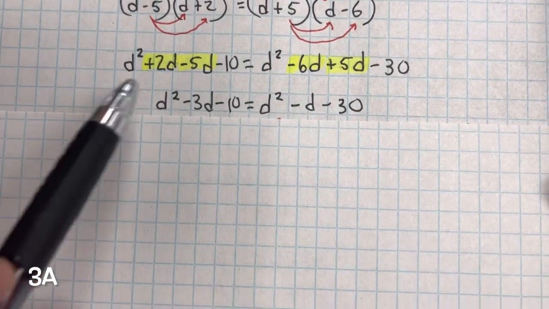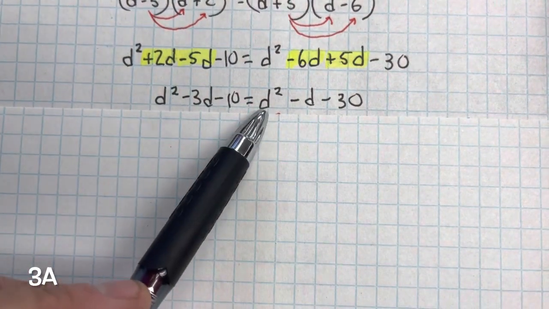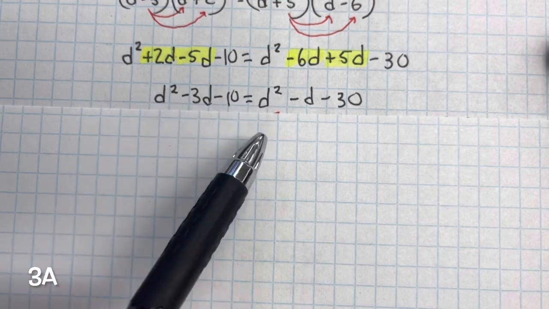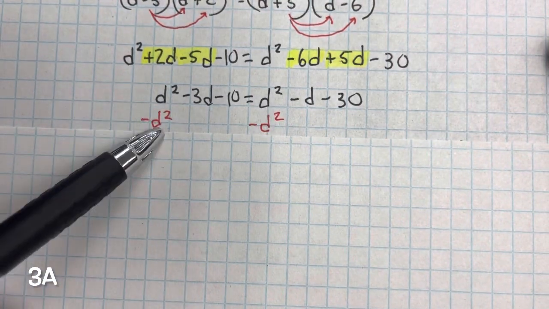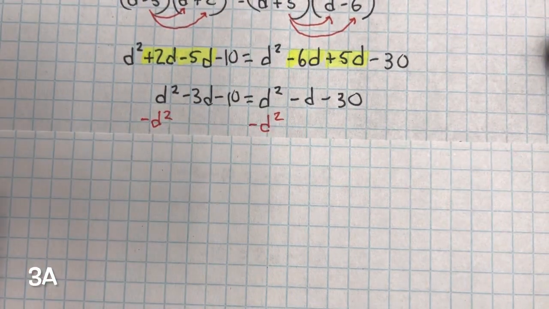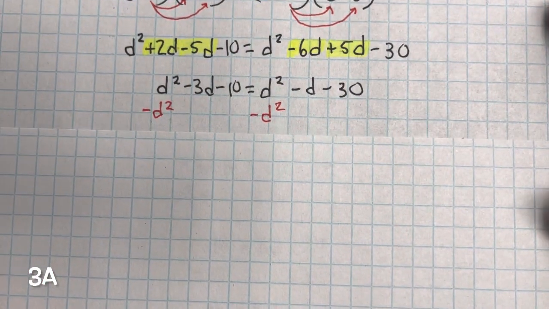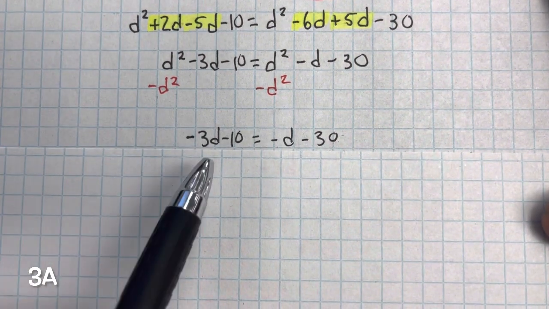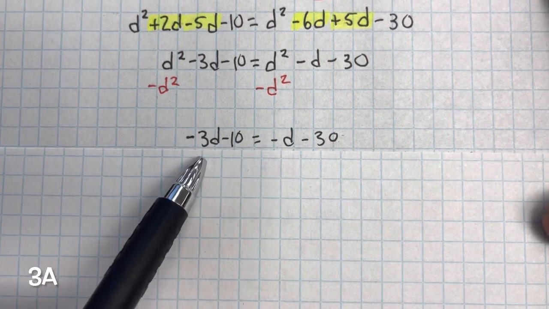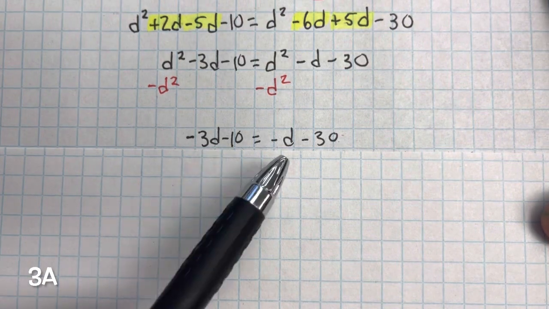Now we're going to get the d squared over to one side, and so I'm going to subtract d squared from both sides. 0 pair, 0 pair, so both of those sides of the equation cancel out. And now we still don't have d by itself, so we want to get the variable to the side that has a greater value.